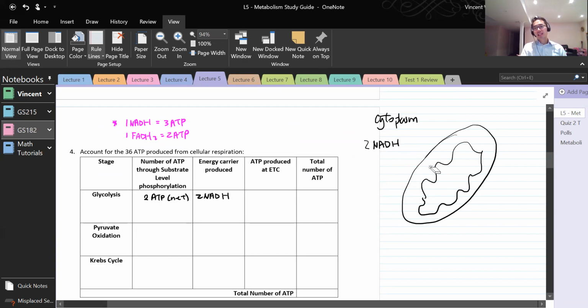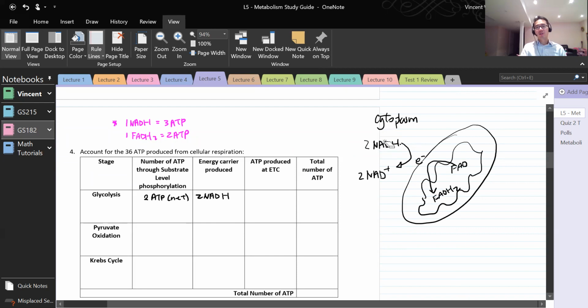Now, in order to get to the ETC, it must go into the matrix. But this molecule is quite big, and it's not going to be able to get past the double membrane. So what happens is it will actually just give off the electron, and then the electron will be passed on to an FAD, so the FAD will become FADH2.